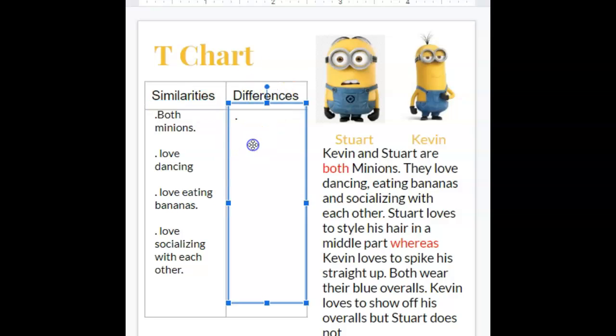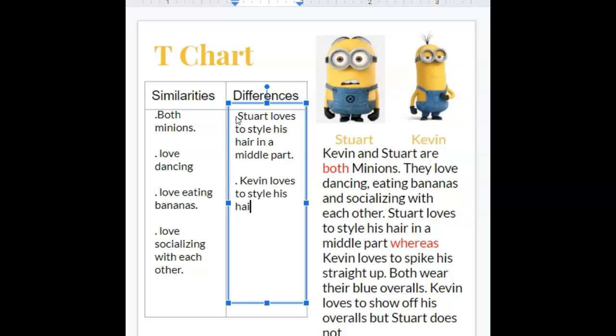Okay, next up are some differences, because Stuart loves to style his hair in a middle part. That's not Kevin, that's Stuart. Okay, so Stuart loves to style his hair in a middle part, whereas Kevin loves to style his hair in a spike straight up.